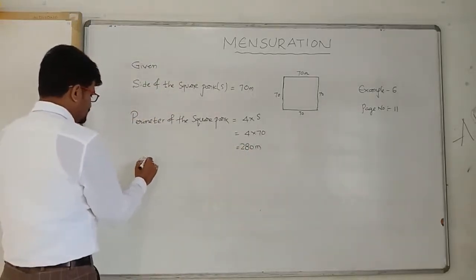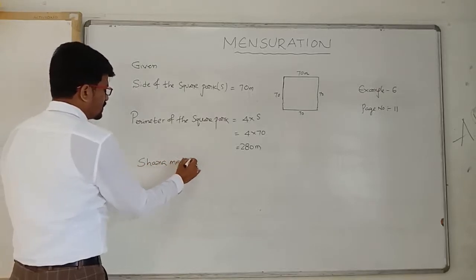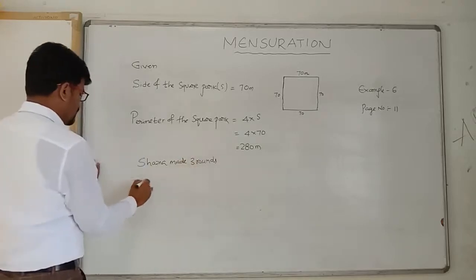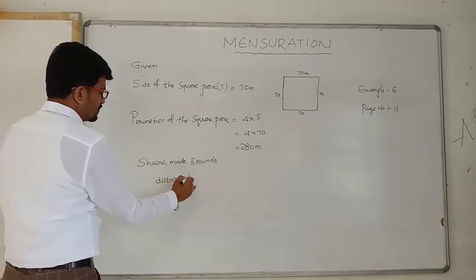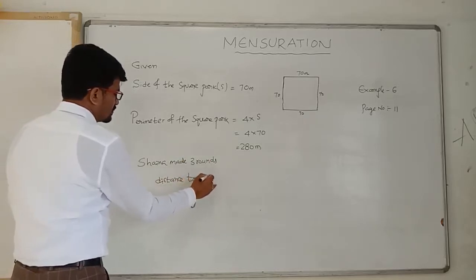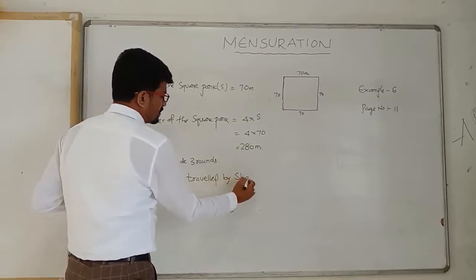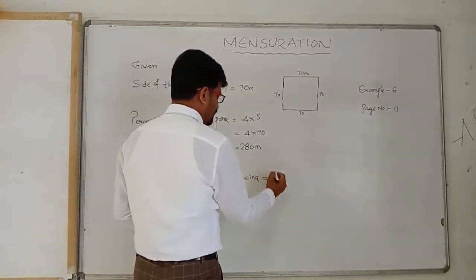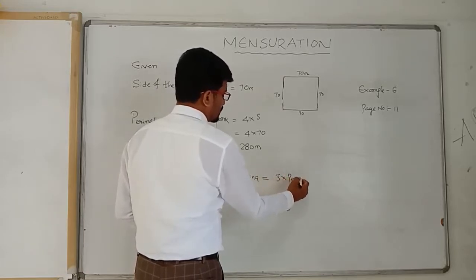Shaina made three rounds. Therefore, distance travelled by Shaina is equal to 3 into perimeter of the park.